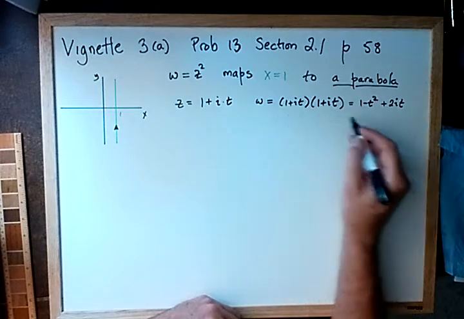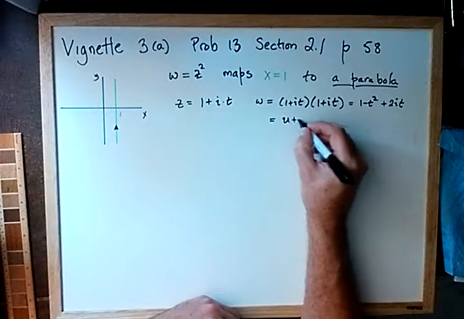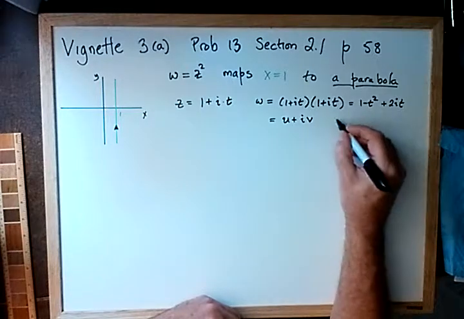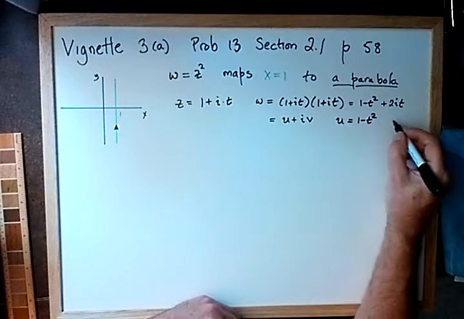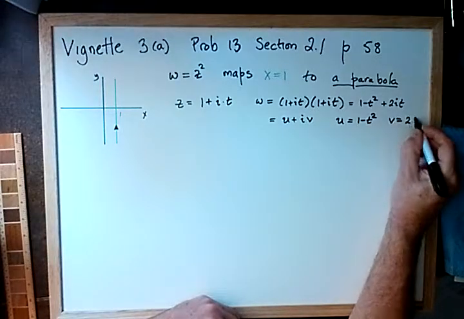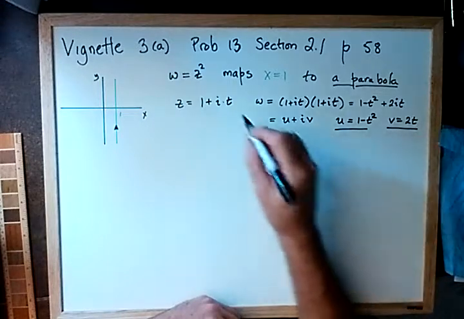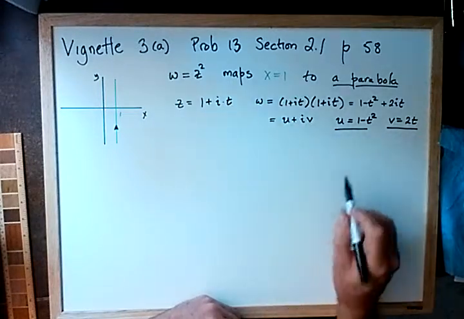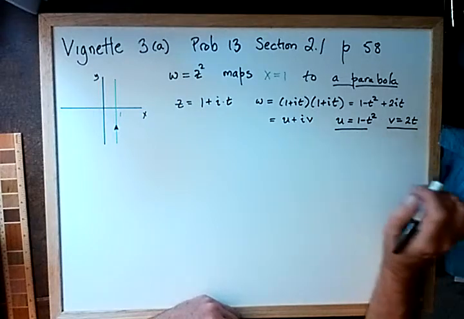So w is u plus iv. So therefore u is equal to 1 minus t squared, and v is equal to 2t. And this is the parametric equations of the image of the straight line. And it's pretty clearly a parabola because this is degree 1 in t and that's degree 2 in t.